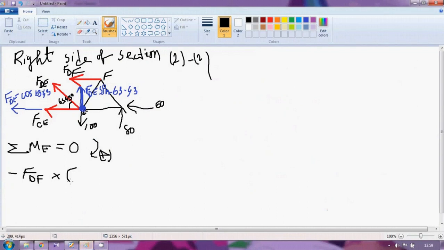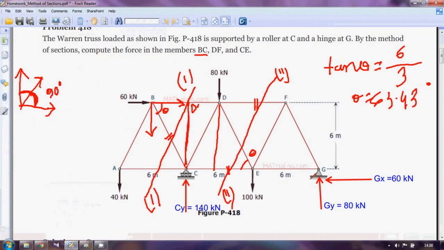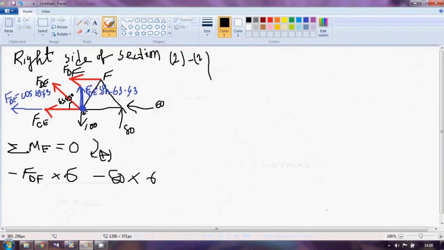So 6. And what about this 60 kilonewton? It will not give me any moment because it is passing through point E. What about 80? It will give me an anti-clockwise moment, which is minus 80 into 6. Any more forces that will give me moment? No. So equals to 0.